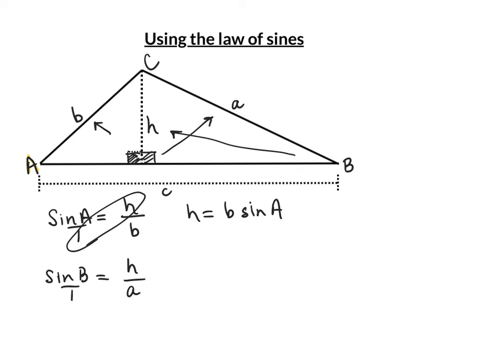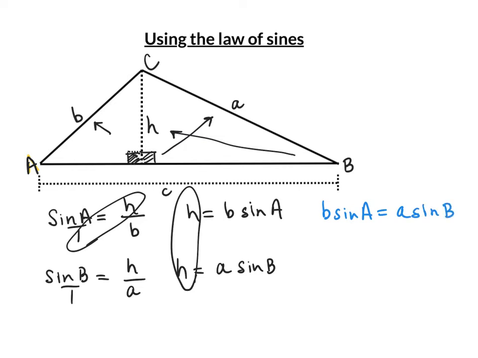Again, we'll put this over 1 and cross multiply, and we see that H is a sine B. Well, notice this is the same H. So we could substitute, and then we're going to say that b sine A is equal to a sine B.